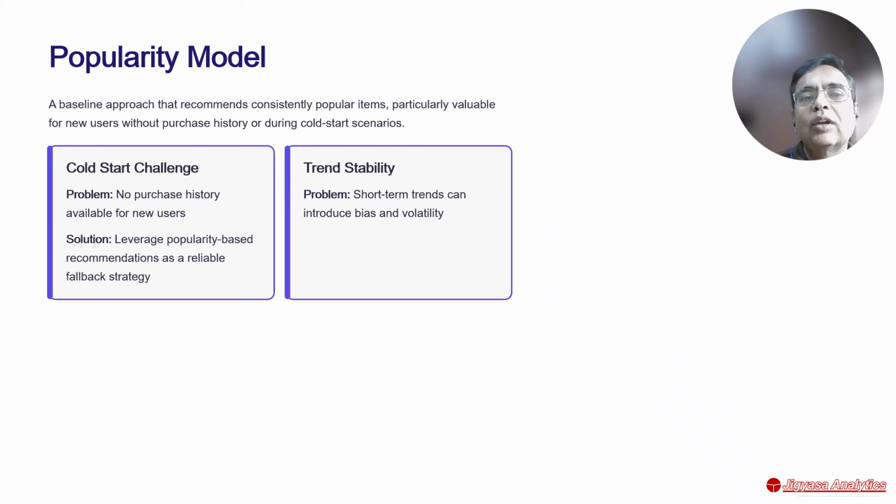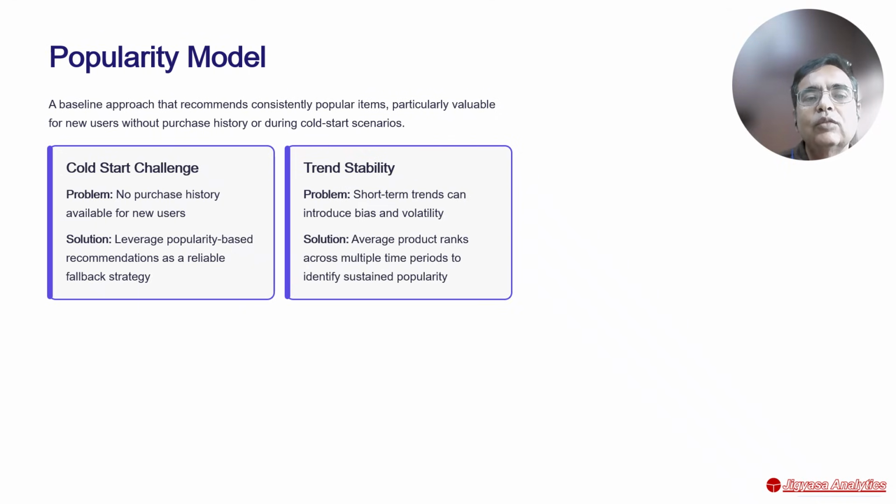It can vary a lot in short term depending on short term trends and what's going on. If you use that to make your recommendations, then your system will not be as stable, and the recommendations will not lead to good purchases.